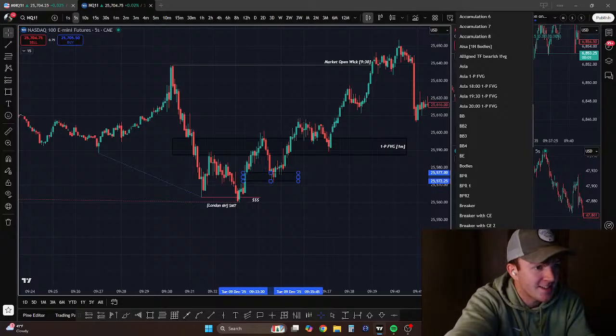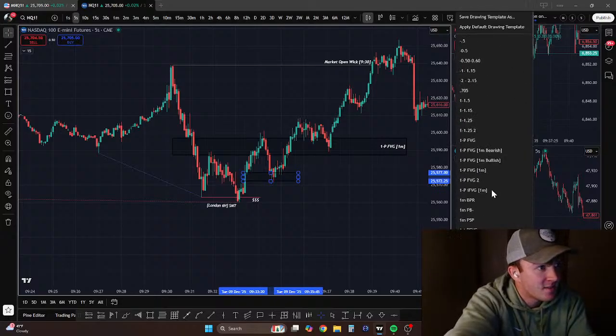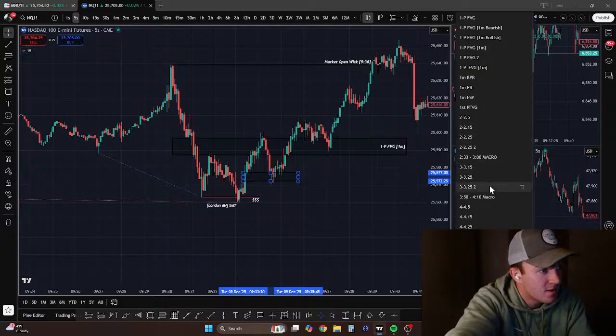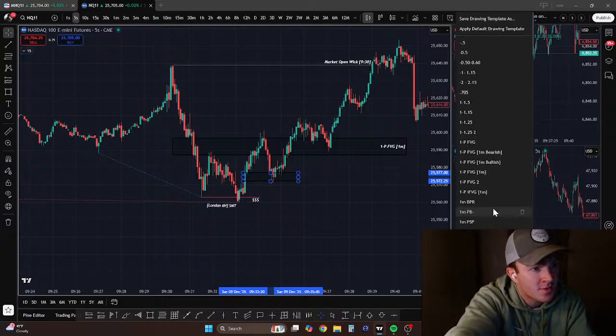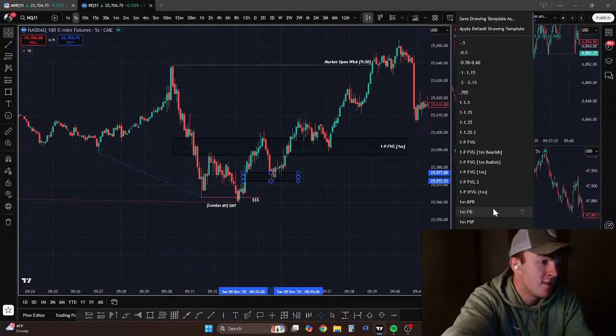Yeah, this is crazy nice. Classic market maker buy model from the 2022 gap to the breaker to the high.